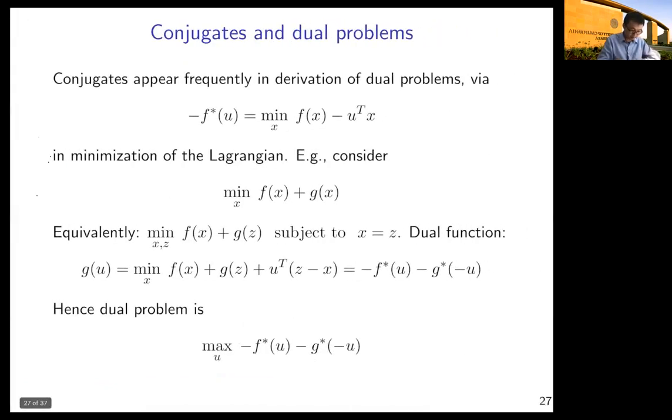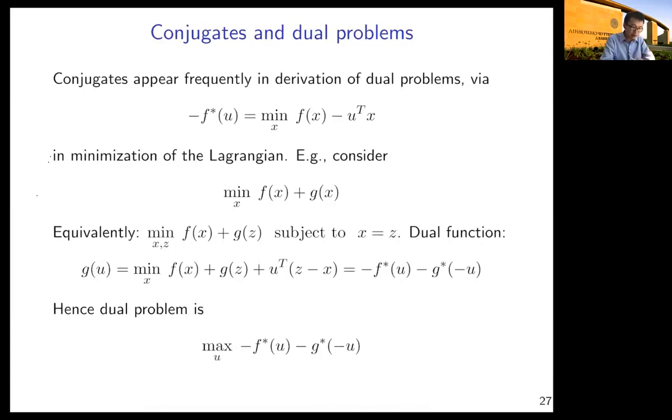As we have seen in the previous examples, working out the dual variable and solving the minimization problem from the Lagrangian is closely related to the problem of conjugation, the Fenchel conjugate, the definition of f star.